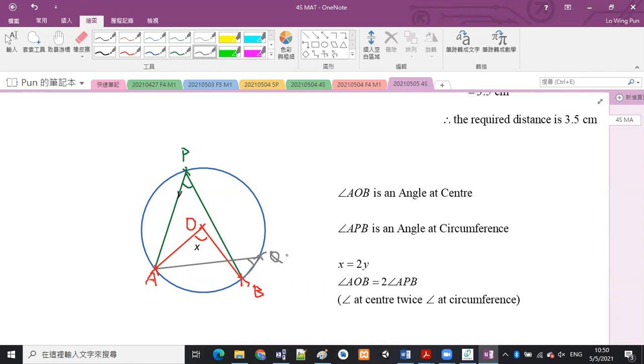And then this angle AOB is also looking at arc AB. And this one is angle at center. This one is angle at circumference. So they will have the double relationship, the twice relationship.